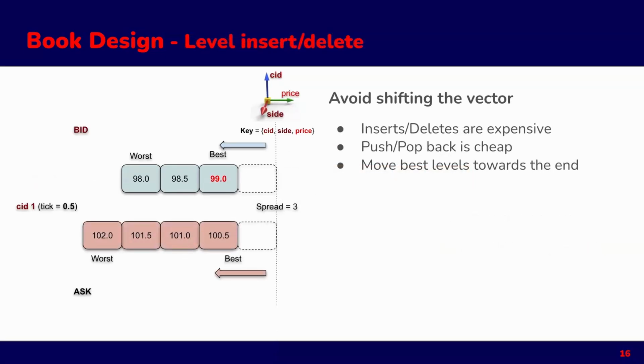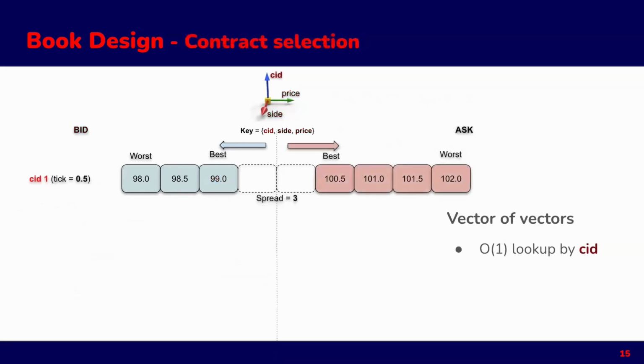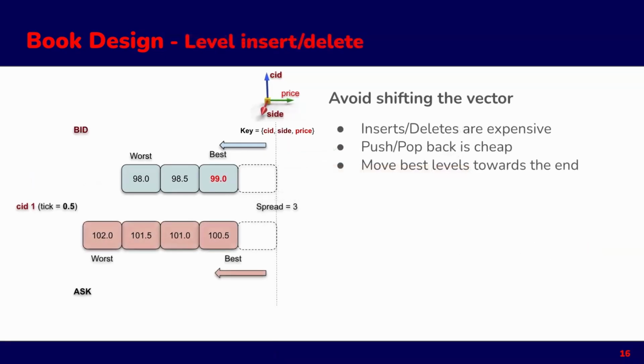We typically want to split it into two vectors, because otherwise we have a problem: when we are inserting here, we have to shift all the subsequent items. If we split it into two vectors, it's much better, because we can organize the data in a way that the best level is at the end of the vector, and then we are just pushing or popping back of the vector, which is a constant operation.